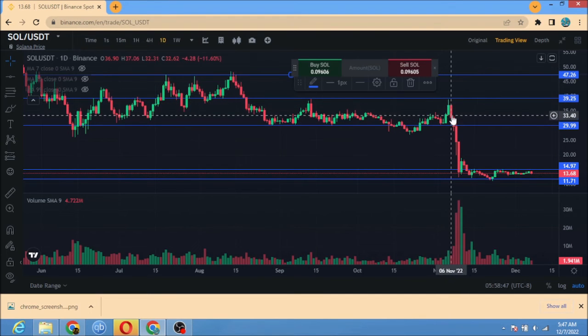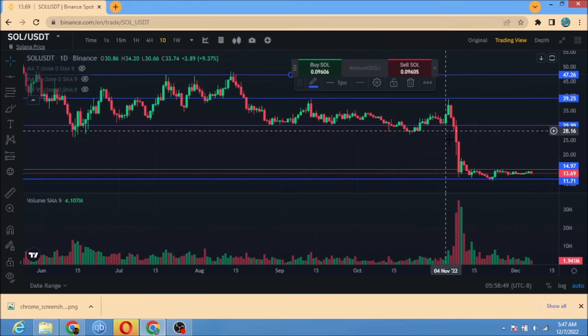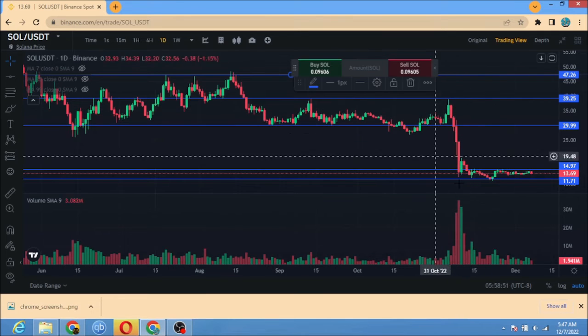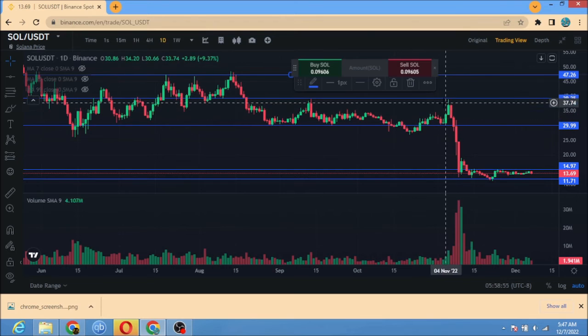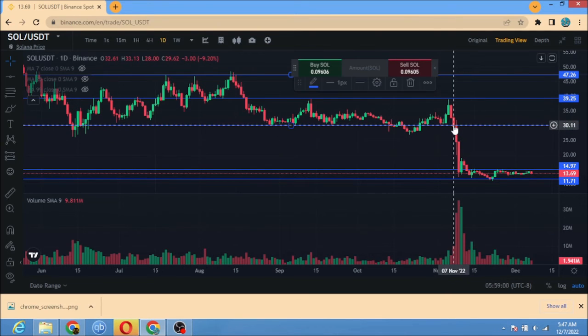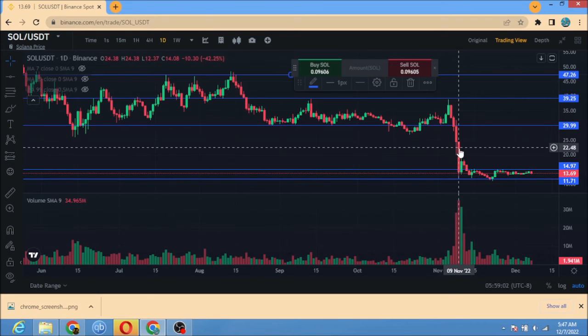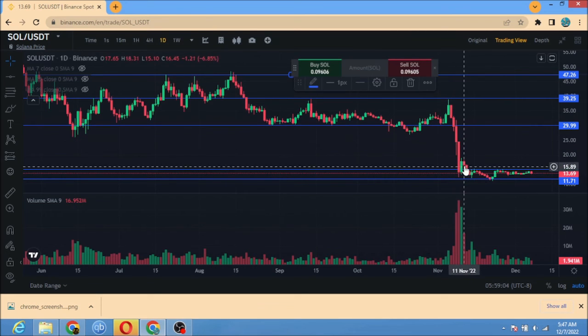Now the bears started again, and this means that there is something that might take the market down. But as you can see, now this one becomes our resistance and this one becomes our support. The bears moved the market until it broke our support.